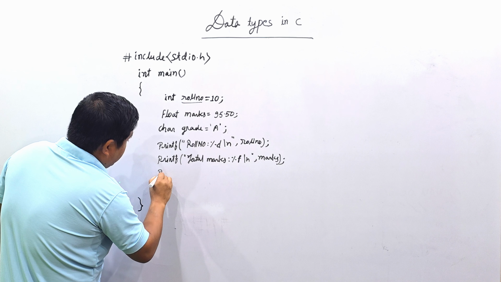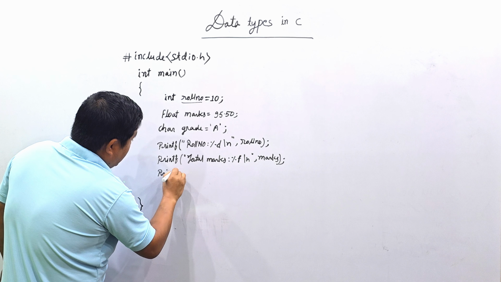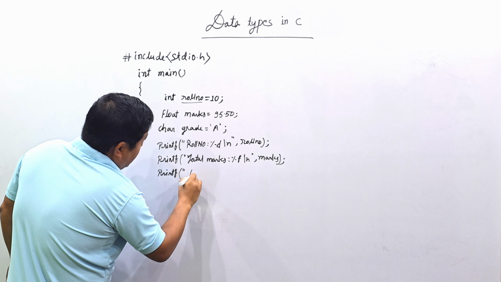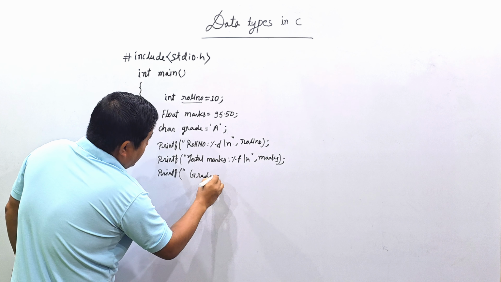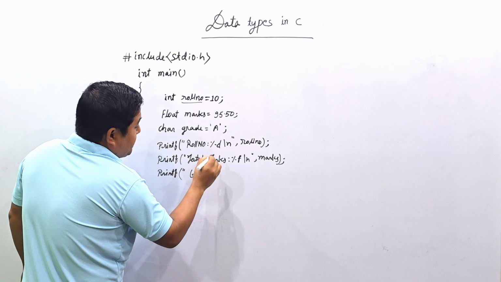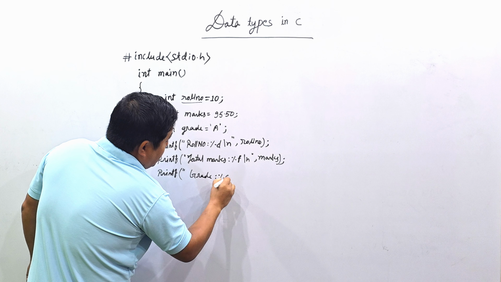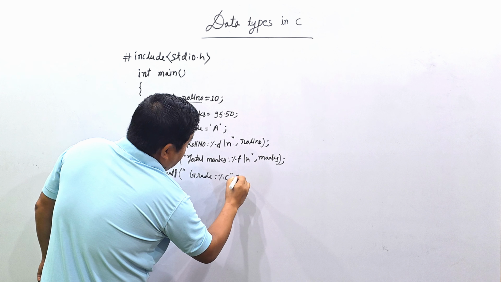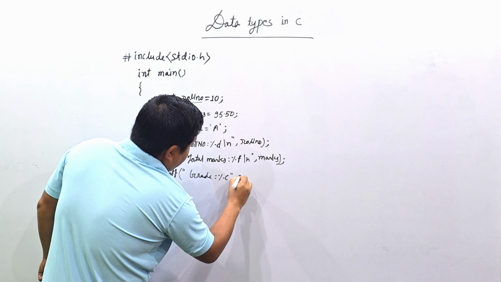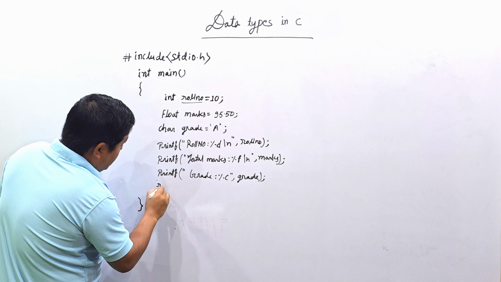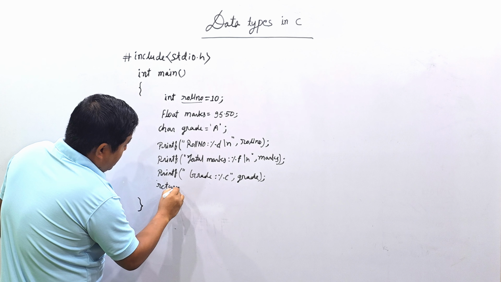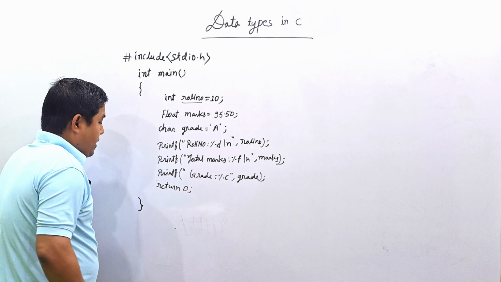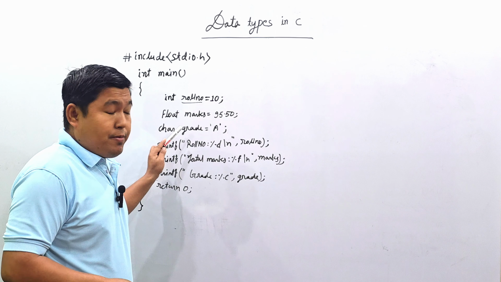And printf grade, char represents percent c, close, and grade. Then return 0. So this is a simple program of the data type.